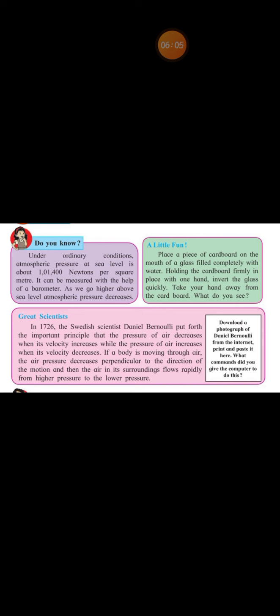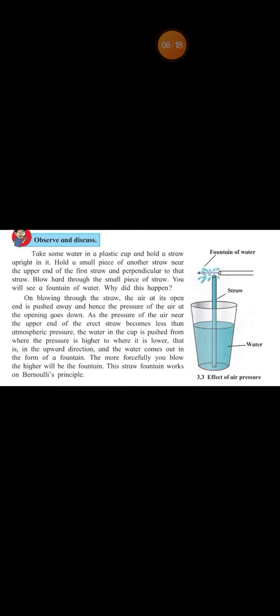If a body is moving through air, the air pressure decreases perpendicular to the direction of the motion, and the air in its surroundings flows rapidly from higher pressure to lower pressure. Children, in this chapter we have a lot of activities, so you will enjoy this.